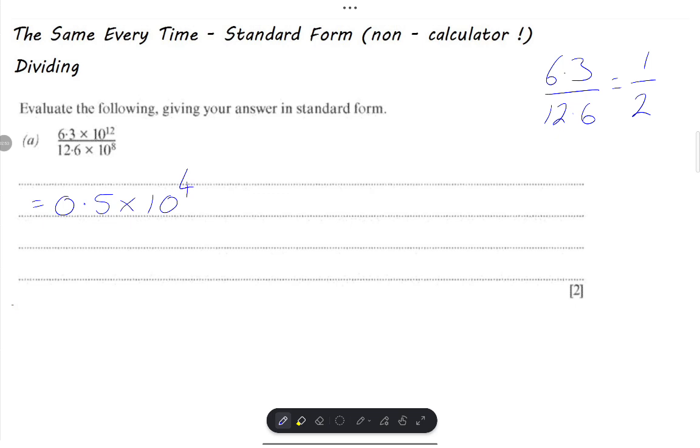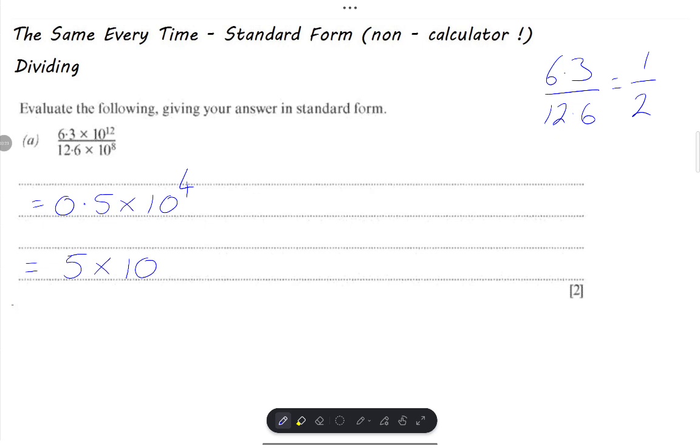Now, we realize that number is not written in standard form. The first number has to be between 1 and 10, and in this case it is not. So 0.5, I can make that into a number between 1 and 10 by multiplying by 10. So if I multiply by 10, I get 5. So 5 times 10 to the power something.